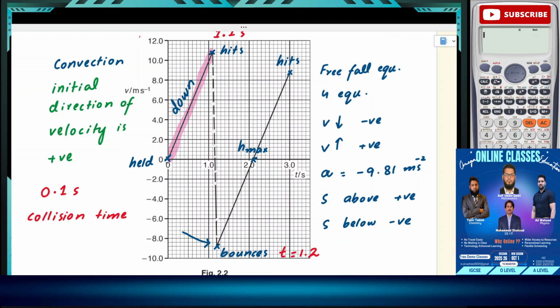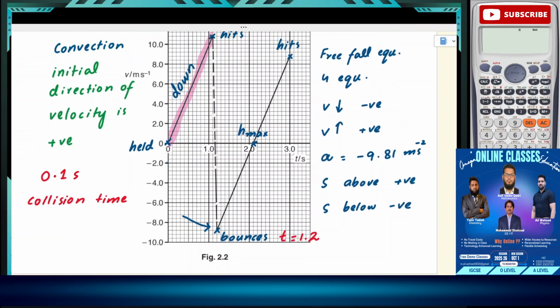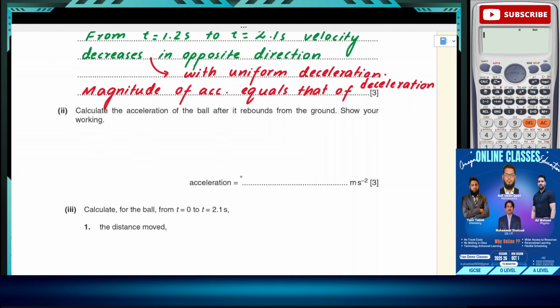For this one, this is the initial point which you can take, and you can take this the last point, and you can find the acceleration at this stage. Or you can take any of those 2 points, because whenever you have a straight line, any 2 points that you take, the answer would be same. Let me write the formula of acceleration first.